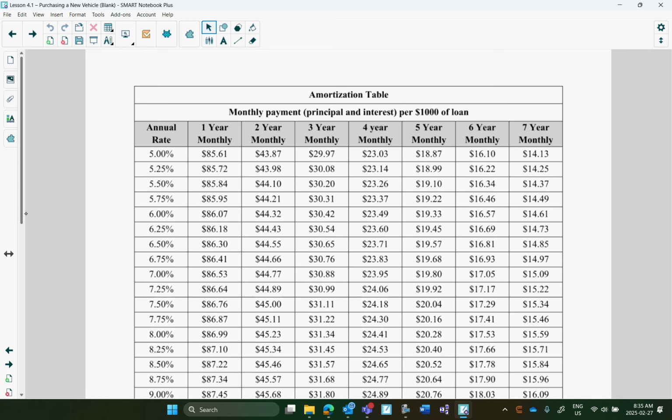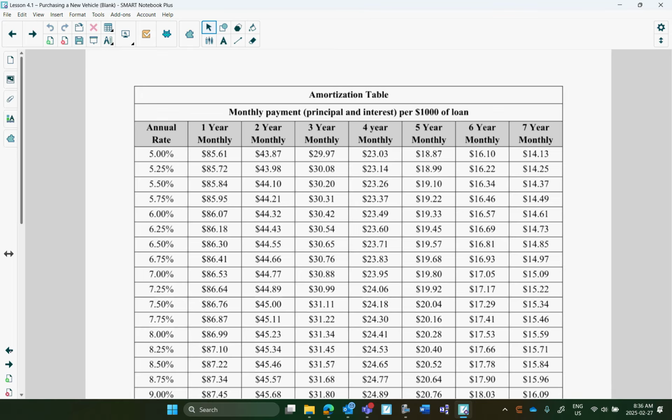You'll always be given this. What you have to do is figure out your annual rate of interest and how many years you've taken the car loan out for. That will tell you the monthly charge for $1,000 of the vehicle, which means you have to multiply by the value of the vehicle to get the total financing.